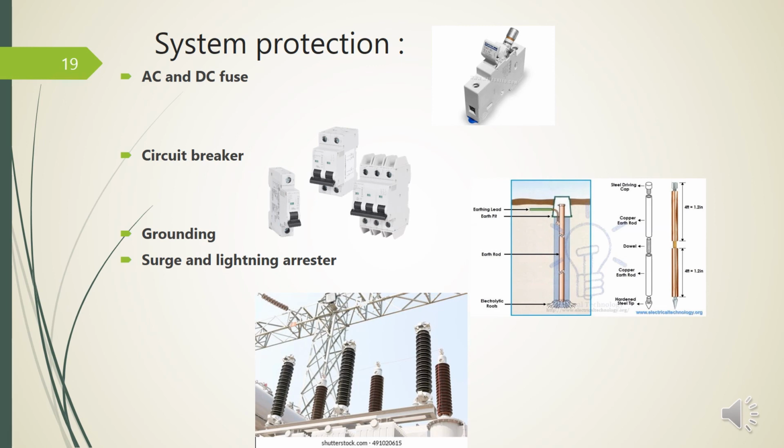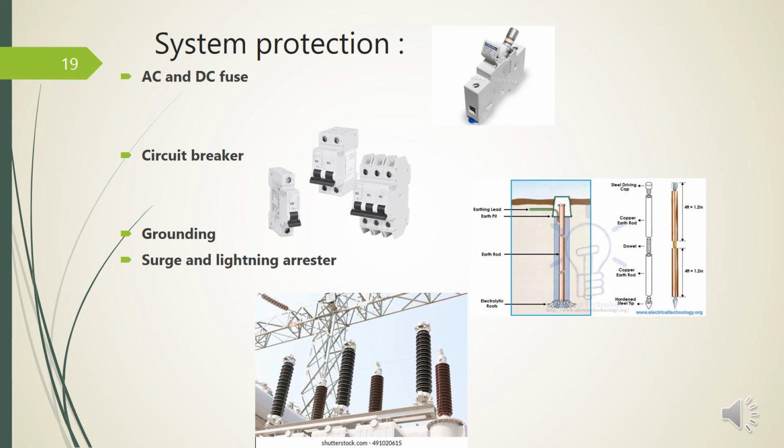In order to have a long-lasting system with proper operation, we need system protection. The system protection could consist of AC and DC fuses, circuit breaker, grounding system, and surge and lightning arrestor.